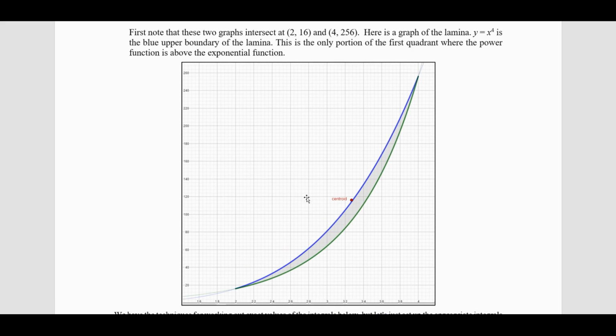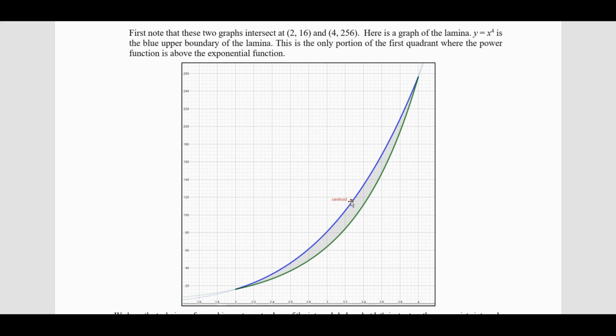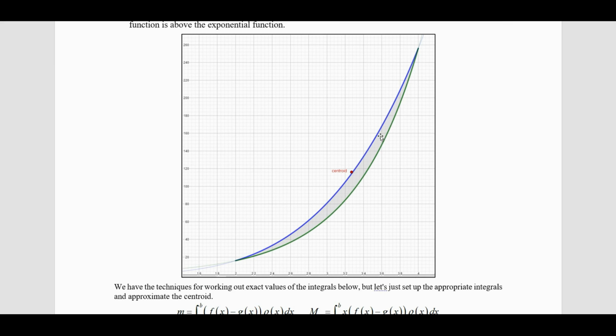So anyway, there's the region. And notice this centroid is just outside the region. The centroid might be in the region or it might be outside of it because of the shape of this thing here. The centroid's a little bit outside the region.